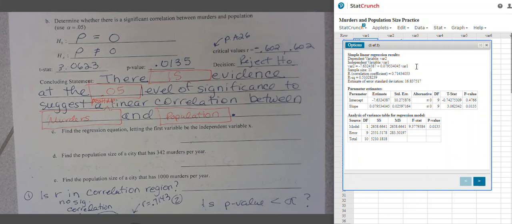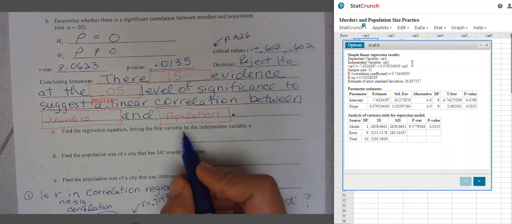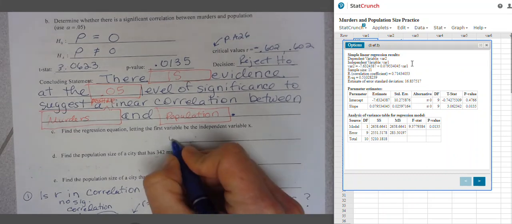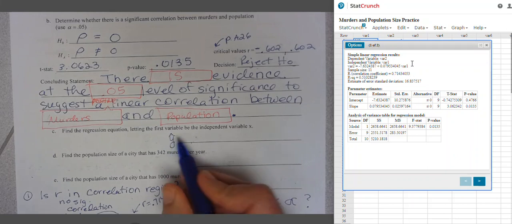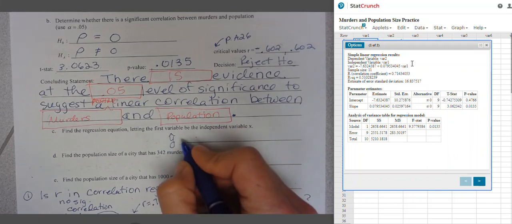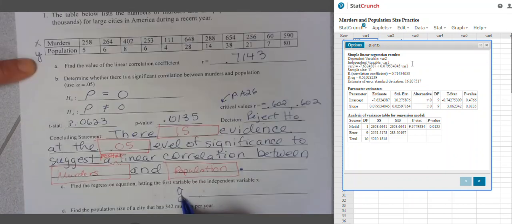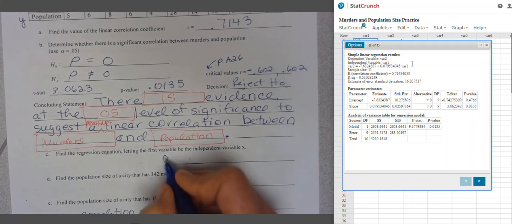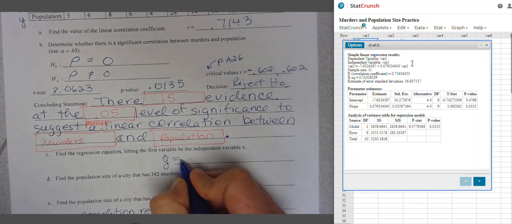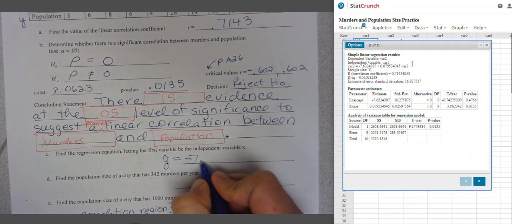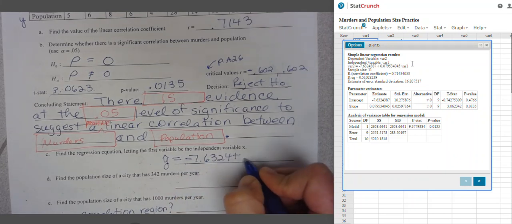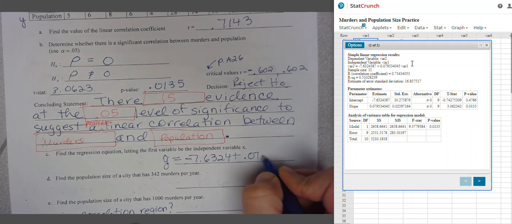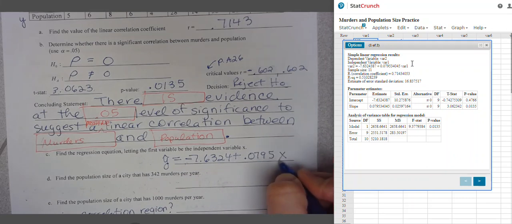0.079 times var1. We usually use this notation to say that our y hat, that's our y variable, and we use the hat to say that this is just an estimate. The y hat, which is the population values, is going to be equal to negative 7.6324 plus 0.0795 times x.